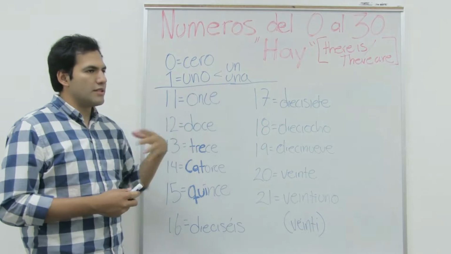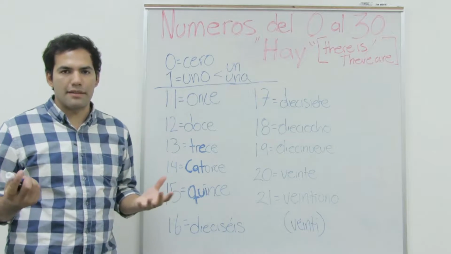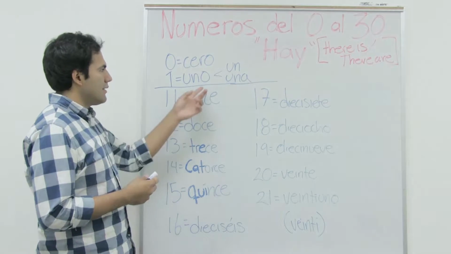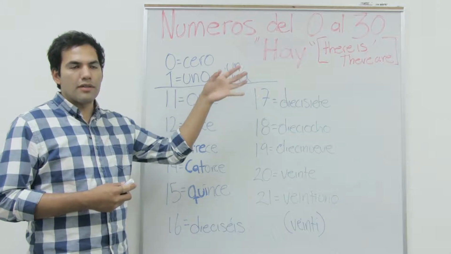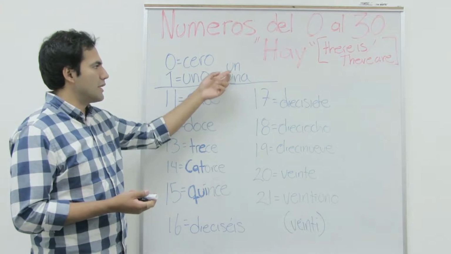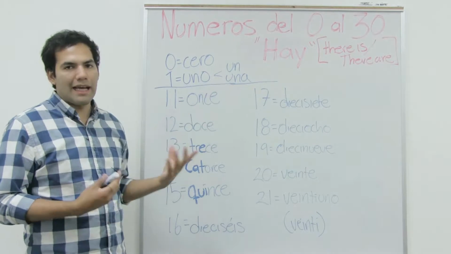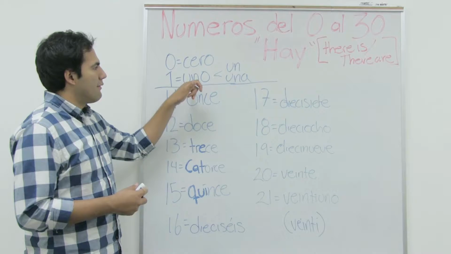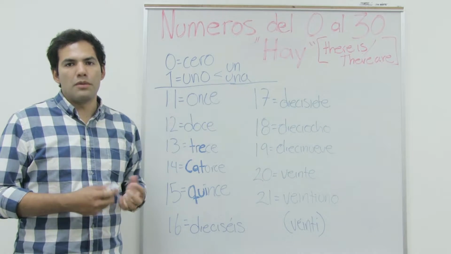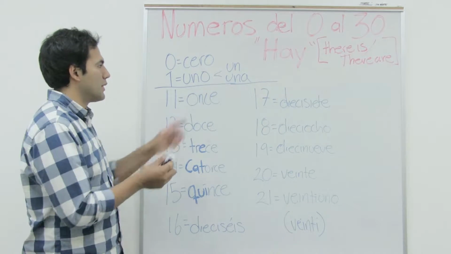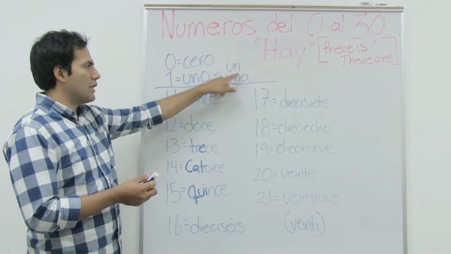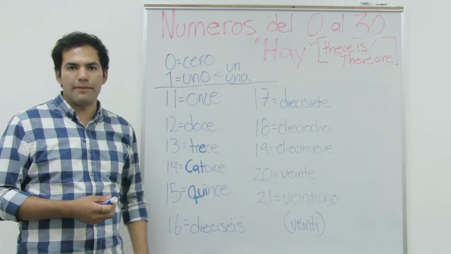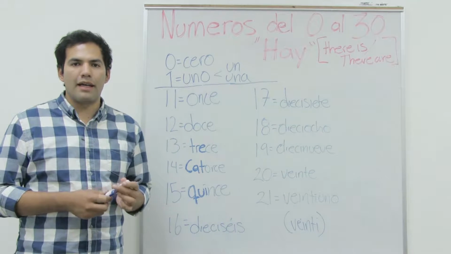But if someone asks you how many cats do you have, and you had one cat, the answer will be un gato or una gata, depending on whether it's masculine or feminine. But you would never say uno gato. When you're talking about masculine objects, you won't say uno, you will just say un, okay? So try to remember that.